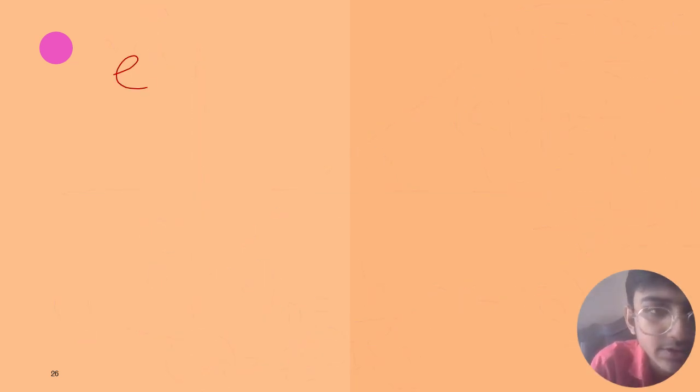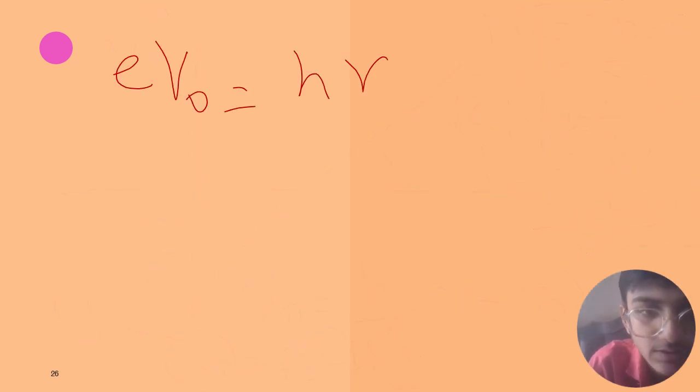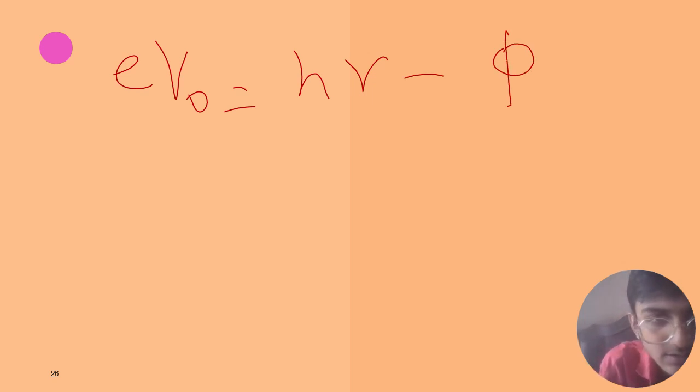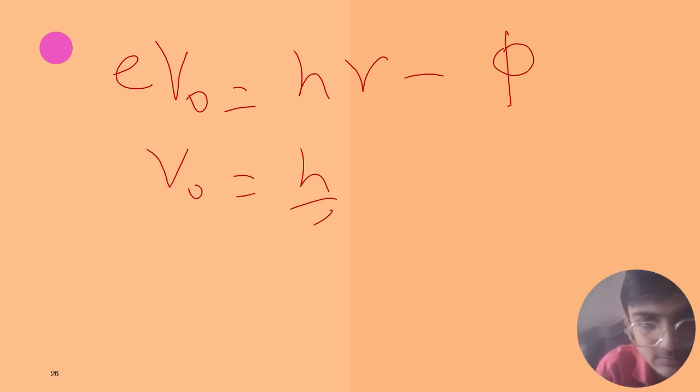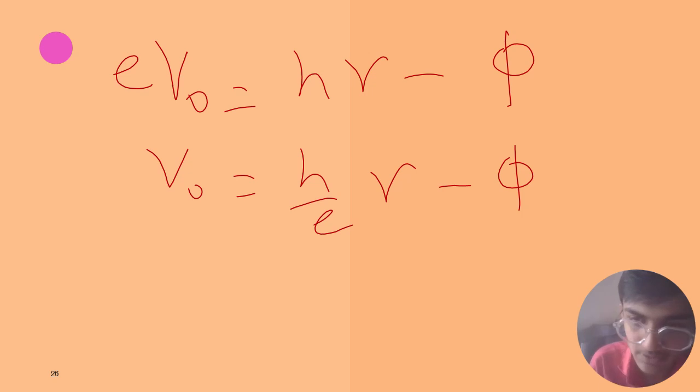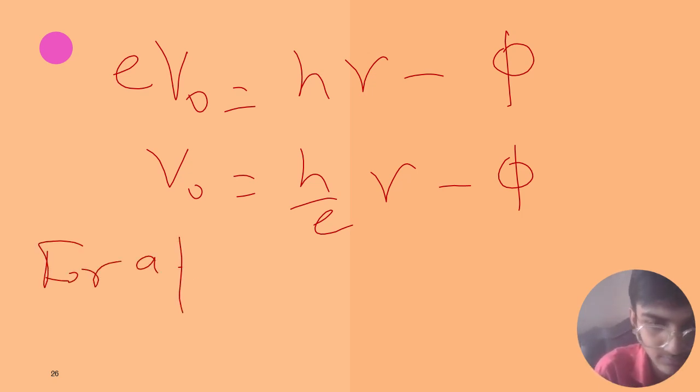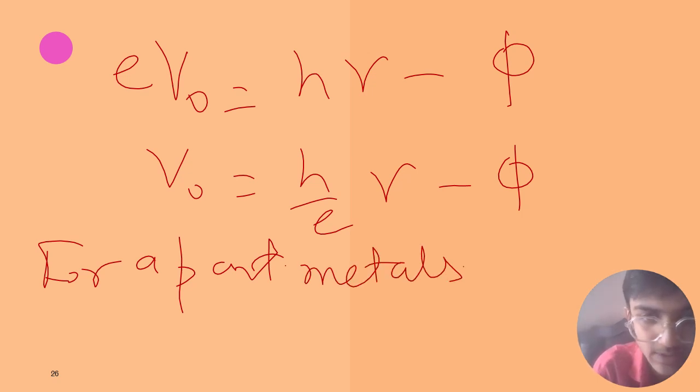Now again, you have to see this formula. Work function is constant for a particular metal, and this h by e is also constant.